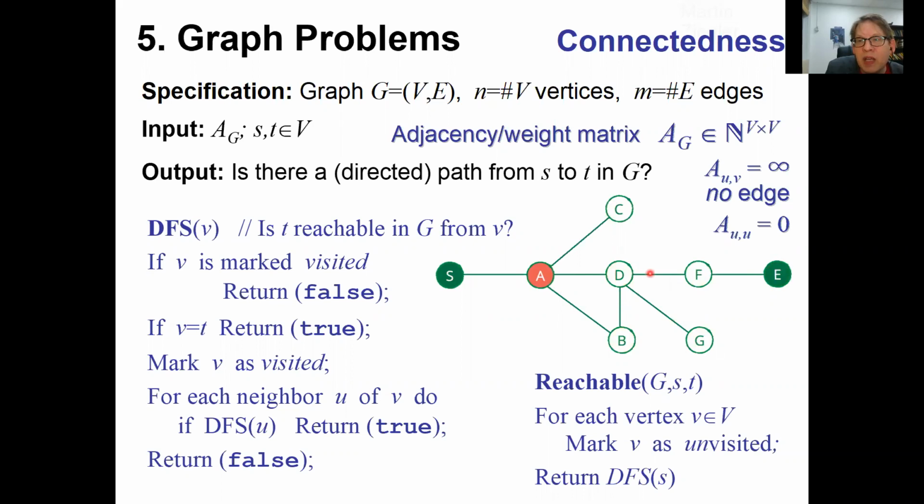So it will backtrack and resume connectivity starting at F. And from F on, it will reach E. And thus, this condition holds finally.